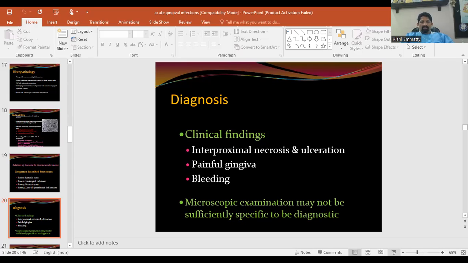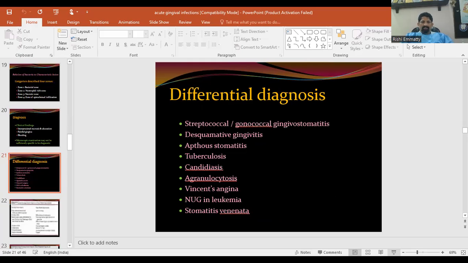Microscopic examination may not be sufficiently specific to be diagnostic, so you should come to a diagnosis from the clinical findings. It has many of the same characteristics as other conditions, like the differential diagnoses. It's a bit confusing, but it can be diagnosed with the sloughing of the tissues and crateral depression of the interdental papilla we mentioned earlier.